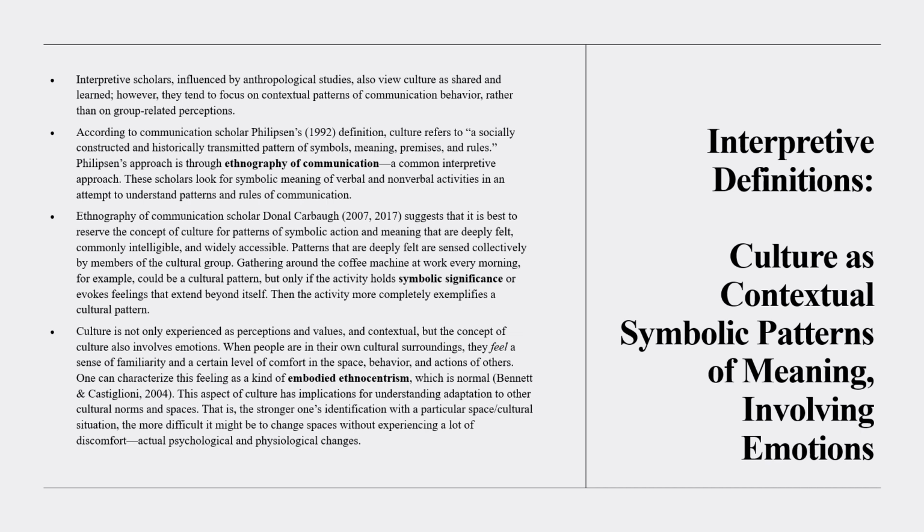So I think one of the easier ways to understand this at a basic level is to think about any kind of cultural institution. For example, a church. Churches are contexts in which groups of people come and not only learn the ideas of the church, but there are also patterns of symbols, meaning, premises, and rules.